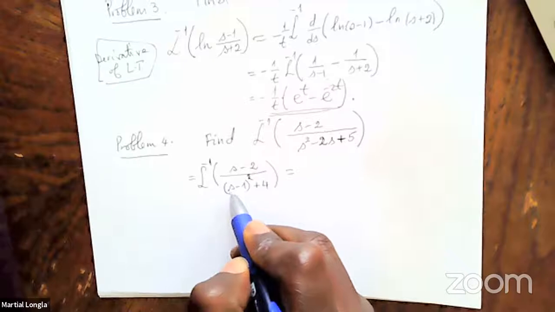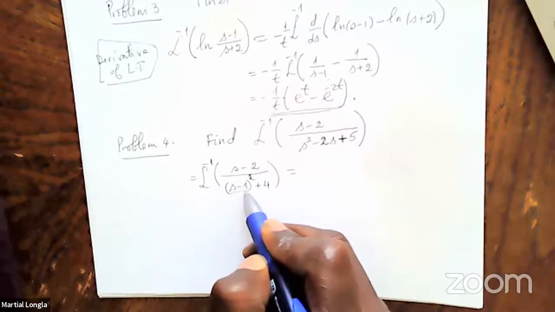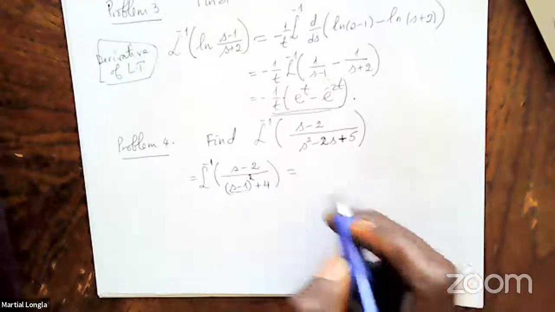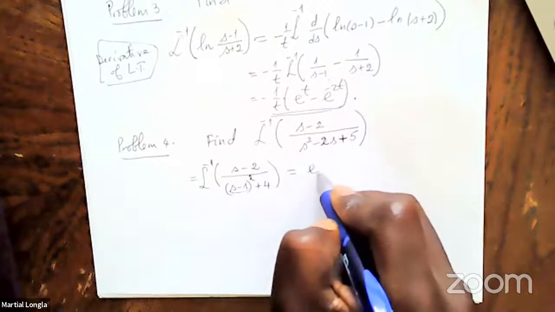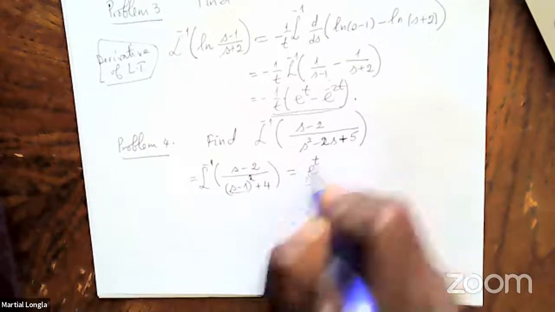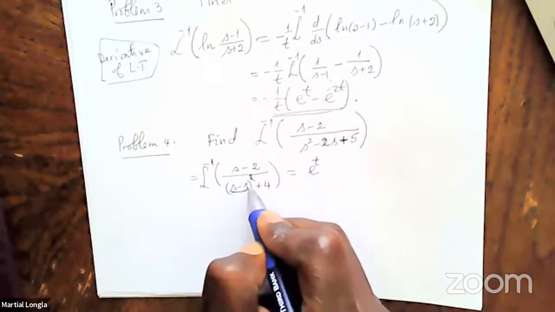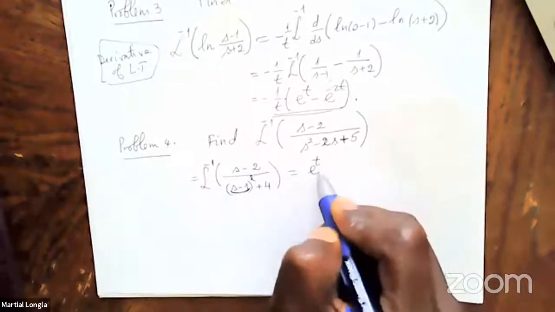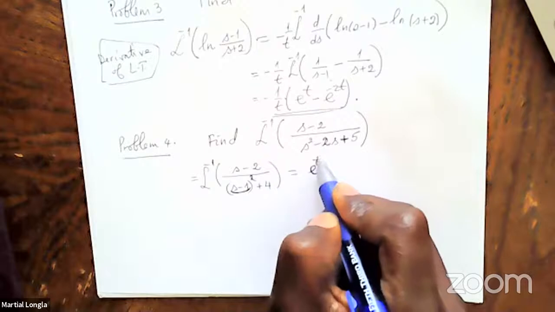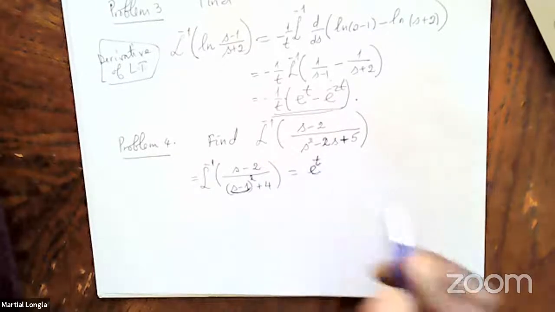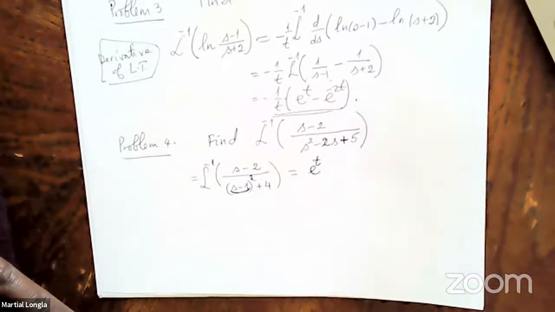Isn't it s? We replace this by s, right? Right. Well, s minus a. Because of s minus 1, we multiply by e to the at, right? Right.